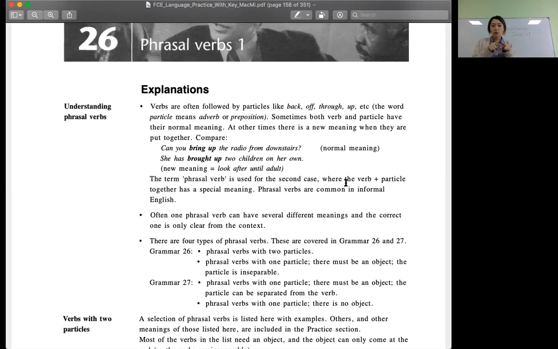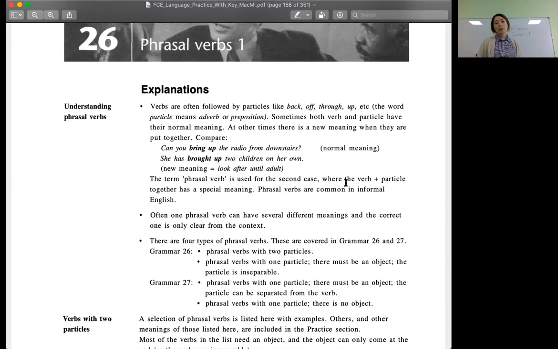They're not original verbs. Once they have added some specific preposition, they turn into a phrasal verb. Like bring up. Bring up can mean its straight actual meaning, like if you are on the second floor and you're asking your family member to bring up a glass of water for you, you can say, can you bring me a glass of water up? So from the first floor to the second floor.